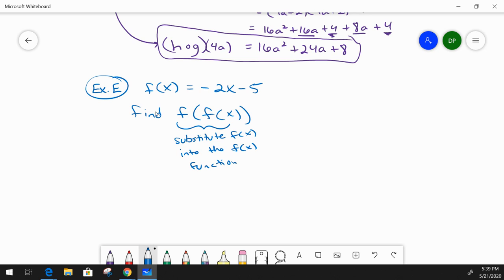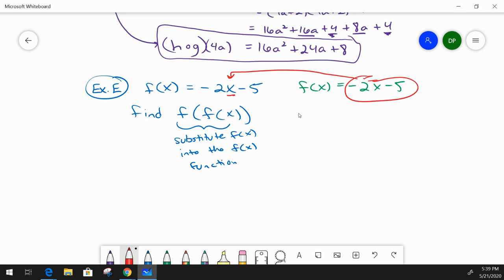So what might be helpful is to actually write a second function f of x, and then substitute that negative 2x minus 5 into this function.